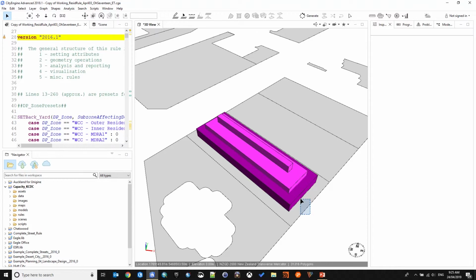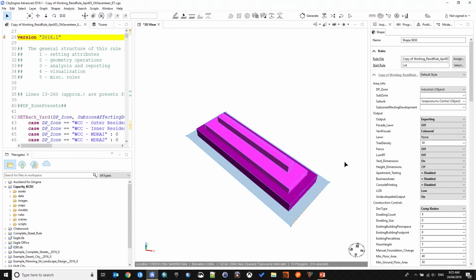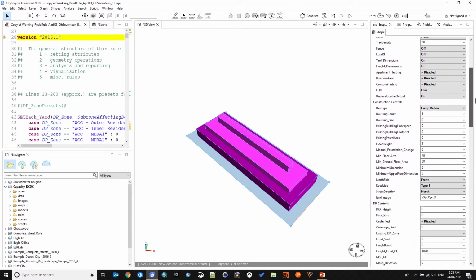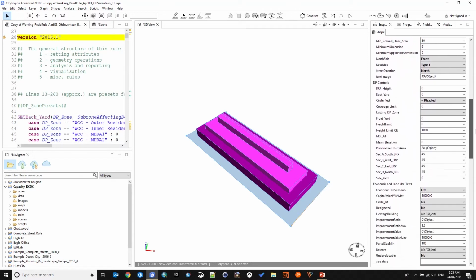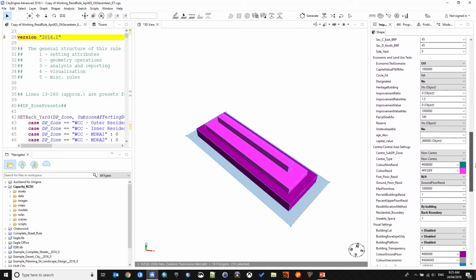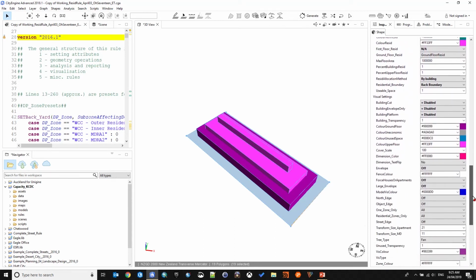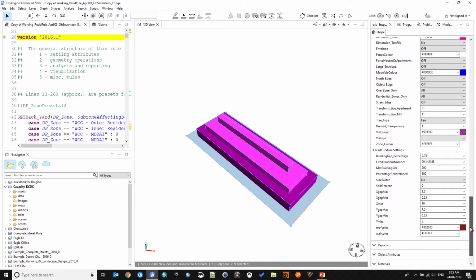This is one of the parcels that we can have a look at, and you will see what is required to drive this rule. A lot of different inputs, and this frankly reminds me of the Complete Streets rule, which is one of the behemoths of the planning rules.